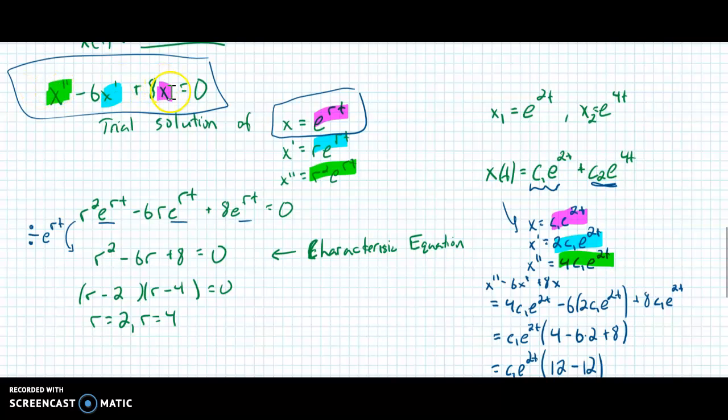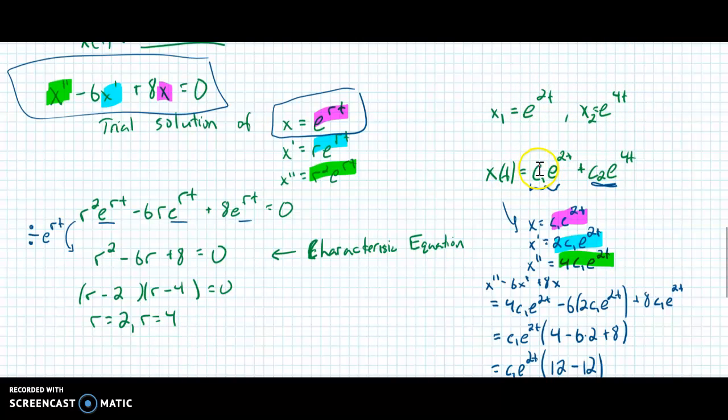Summarize it. All right. Differential equation. We try x equals e to the rt. Take the derivative twice. Then plug those pieces into the original equation. Wha-bam! Equals 0. Oh, nice. I can divide out by e to the rt. That gives me a polynomial, quadratic in fact, that's easily factorable and gives me a pair of r values, and those r values are two different individual solutions.